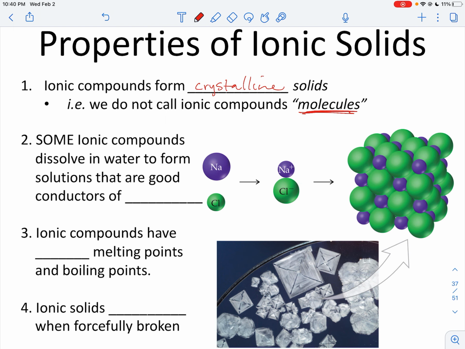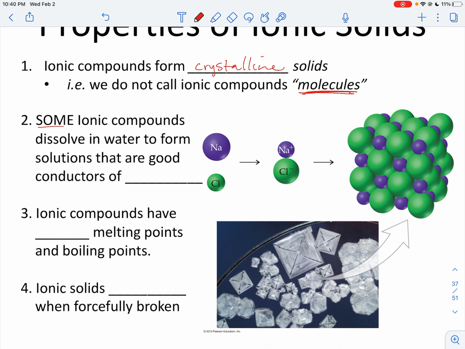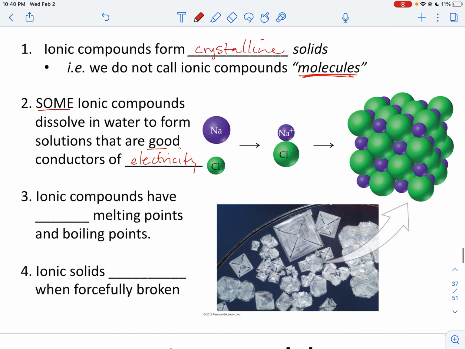We call them crystalline solids. And some ionic compounds dissolve in water to form solutions that are good conductors of electricity. Because you've got all these little charges in your solution, and charges can weakly, sometimes strongly, conduct electricity in solution, only when they're dissolved in solution, okay?